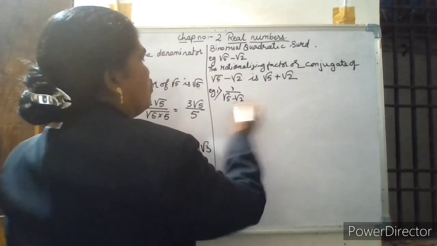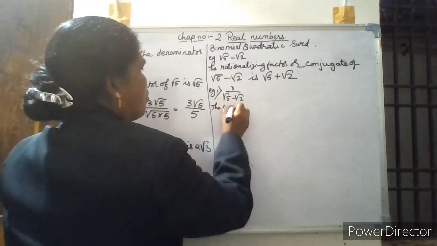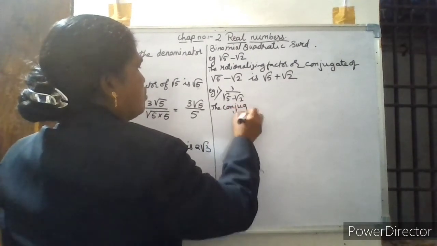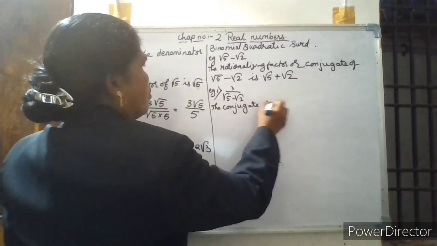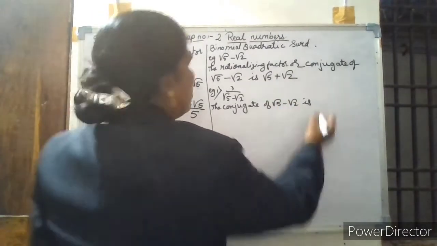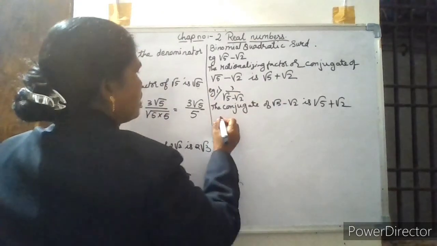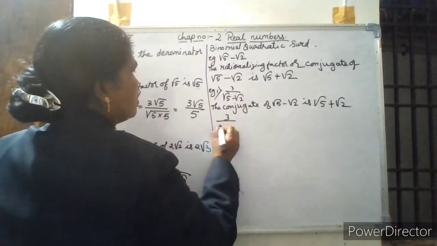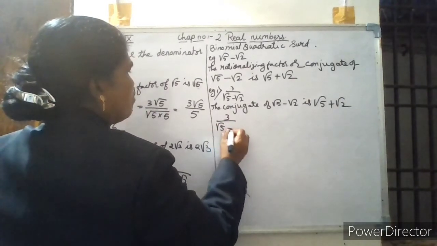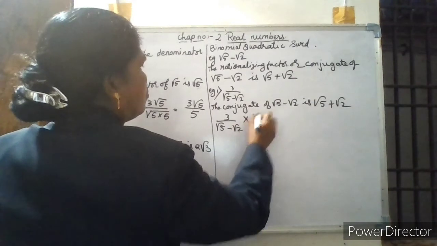So its conjugate, the conjugate of root of 5 minus root of 2, is root of 5 plus root of 2. So therefore we will take the question 3 by root of 5 minus root of 2. Its conjugate is root of 5 plus root of 2.